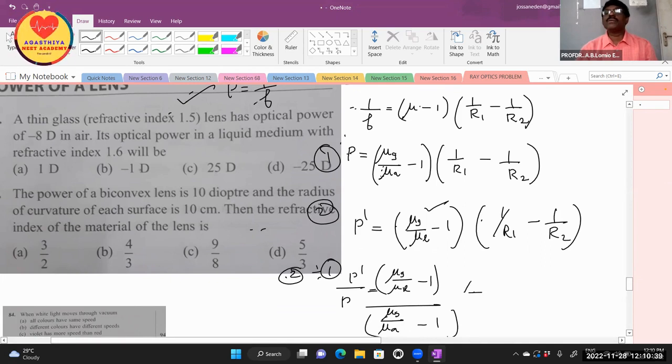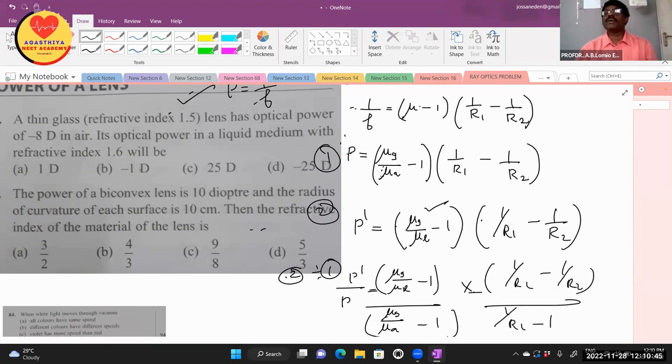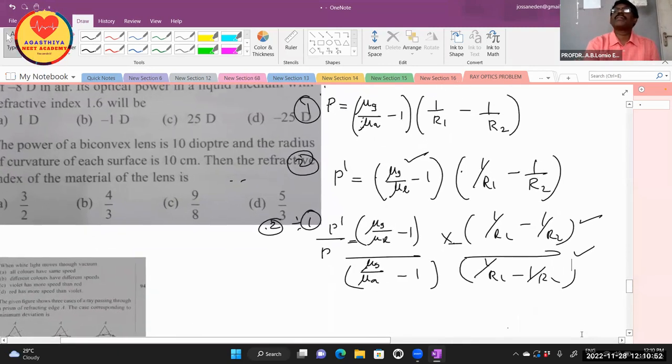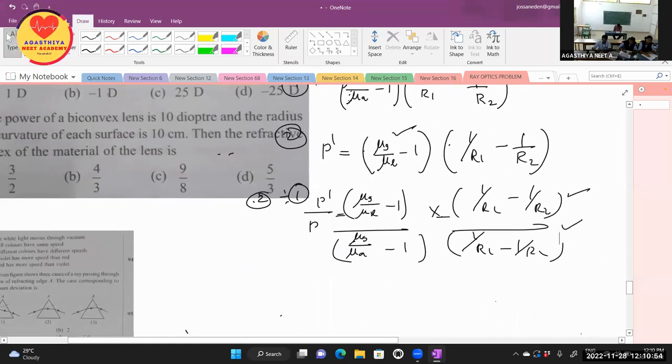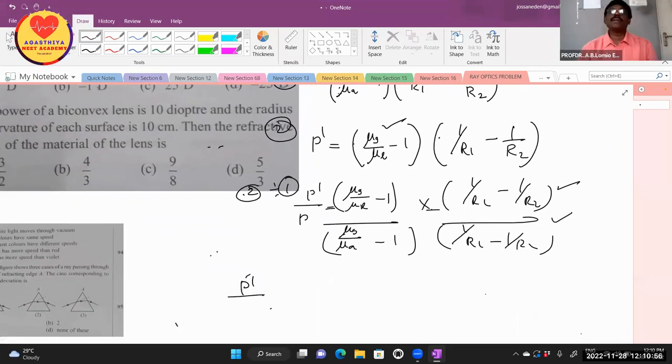Here 1/r1 minus 1/r2 appears in both, so they get cancelled. And then finally, P dash divided by P.